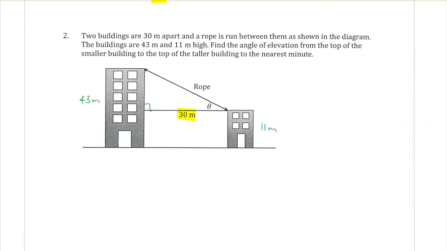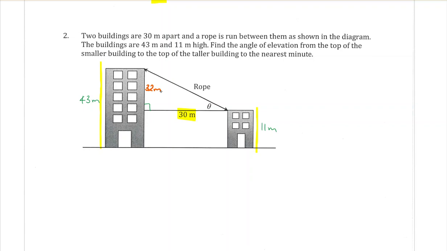To find another side in that triangle, I need to do 43, take away the 11. Okay, if 43 is this whole big height, if I subtract off the 11, then I know that this little side in here would be 32 meters. Does that make sense? Okay, so now I have two sides in my triangle and I'm trying to find the angle. Which sides do I have?